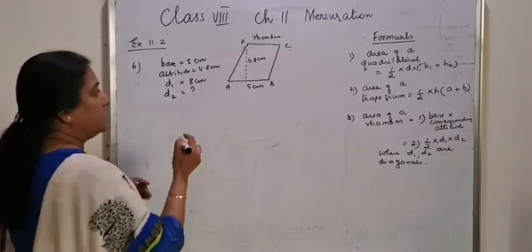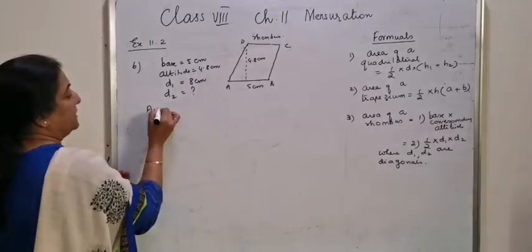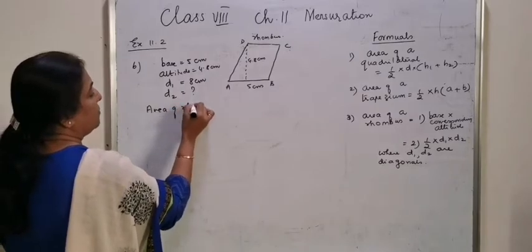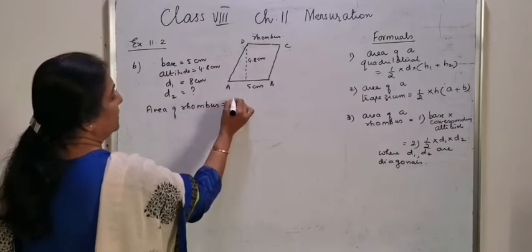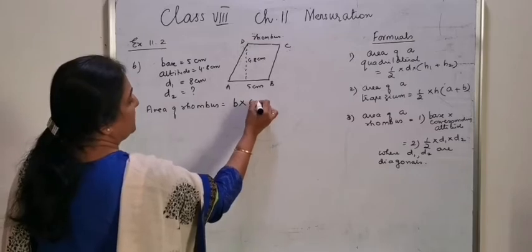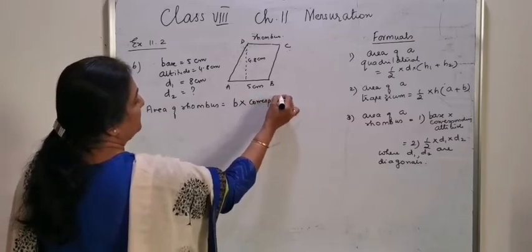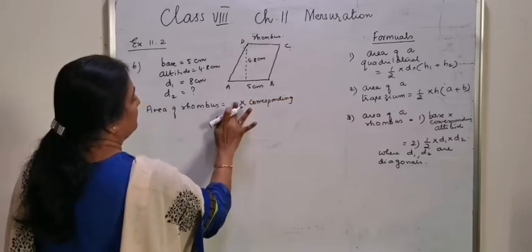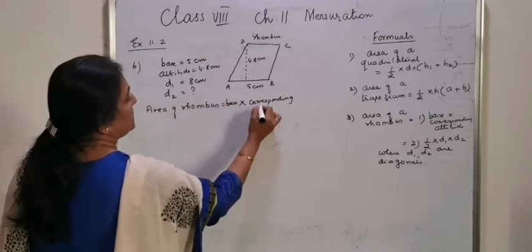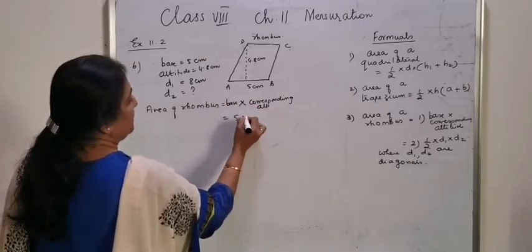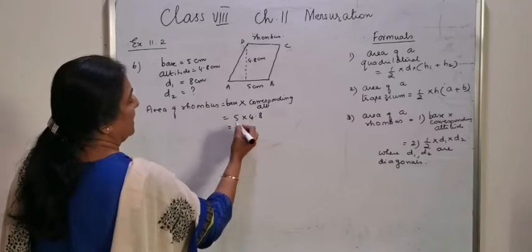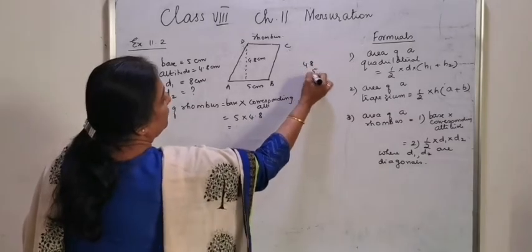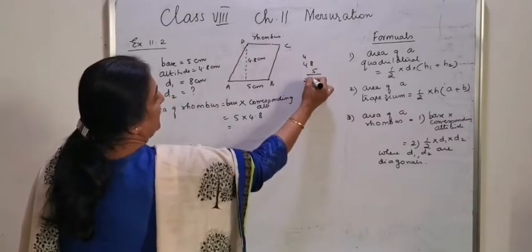So, two parts of the question. By the first formula, area of rhombus is equal to base into corresponding altitude, which is 5 into 4.8, or 48 into 5: 8 5s are 40, 24.